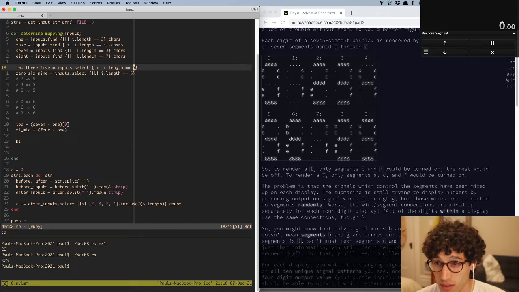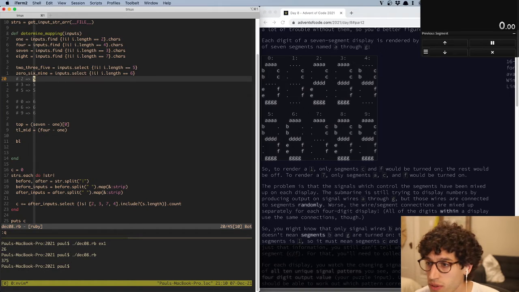Okay. So I found the top one, and now 0, 2, 3, 5. I'm just trying to find patterns that'll let me subtract things.